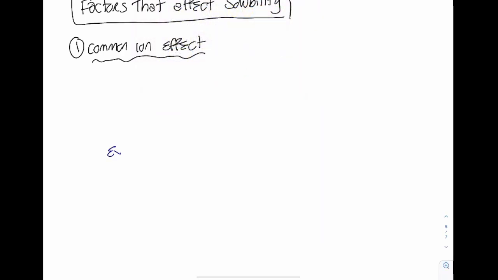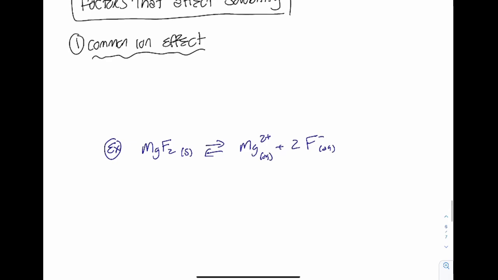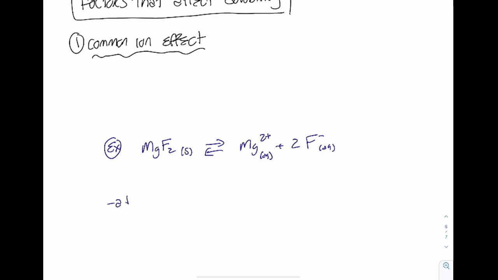So I'm just going to use magnesium fluoride as our insoluble or slightly soluble ionic compound. It is going to dissociate into magnesium ions plus 2 fluoride ions. And then let's say we're also going to add sodium fluoride.